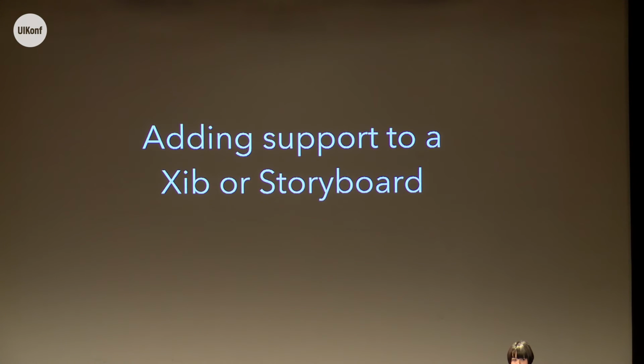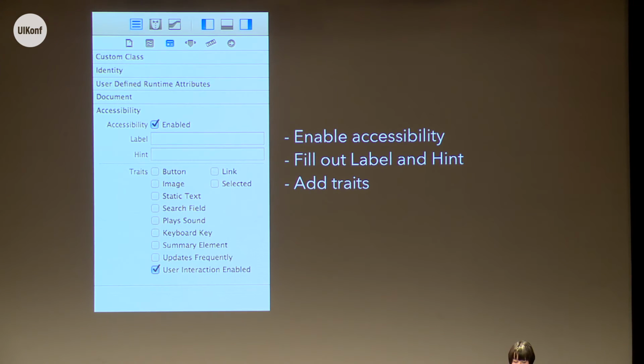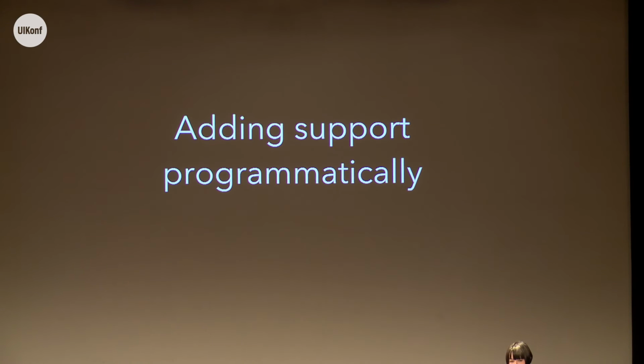Cool. So how do we do this awesome stuff? If you live in the land of xibs and storyboards, it's very easy. You just need to enable accessibility and fill out the label, hints and traits. If you're doing stuff programmatically, it's a little more work, and this really applies to UIKit.